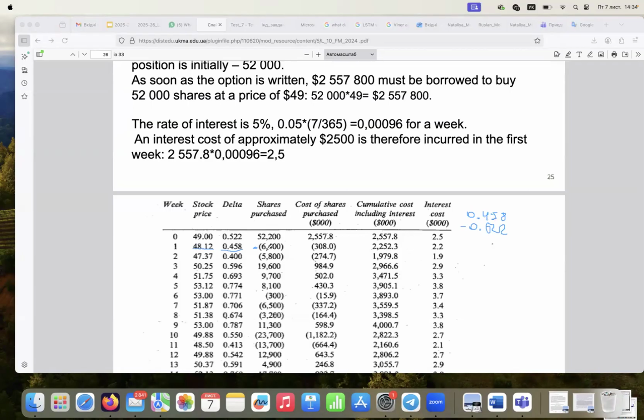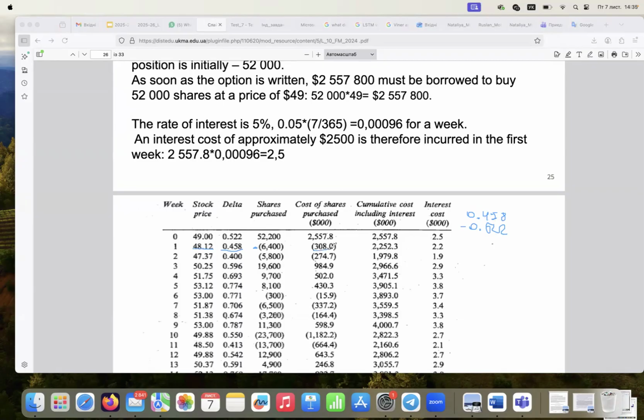How can we know what part of the shares we need to sell? It is the difference of deltas. So exactly this. And if we sell this at this price, we get this sum.